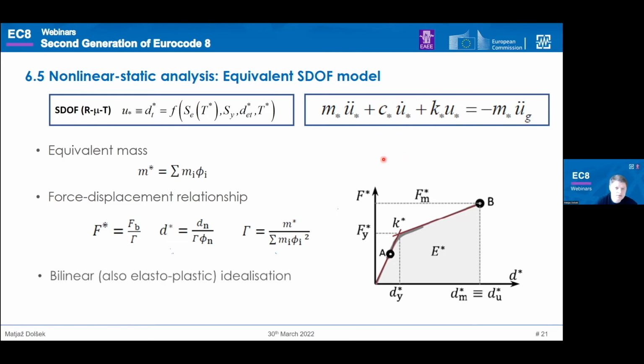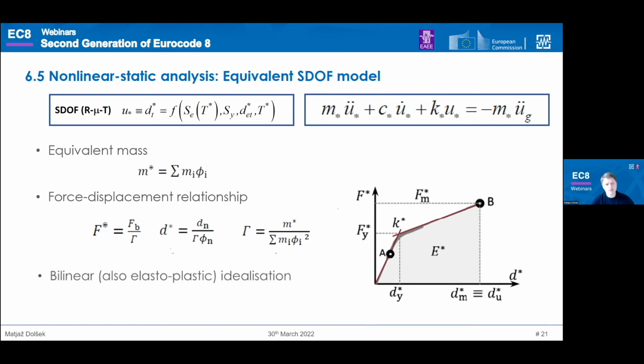But in order to calculate the target displacement, we have to define the yield point of the single degree of freedom system. This can be based on the bilinear idealization, but first we have to transform the pushover curve of the structure to the force displacement relationship of the single degree of freedom model through the transformation factor gamma.